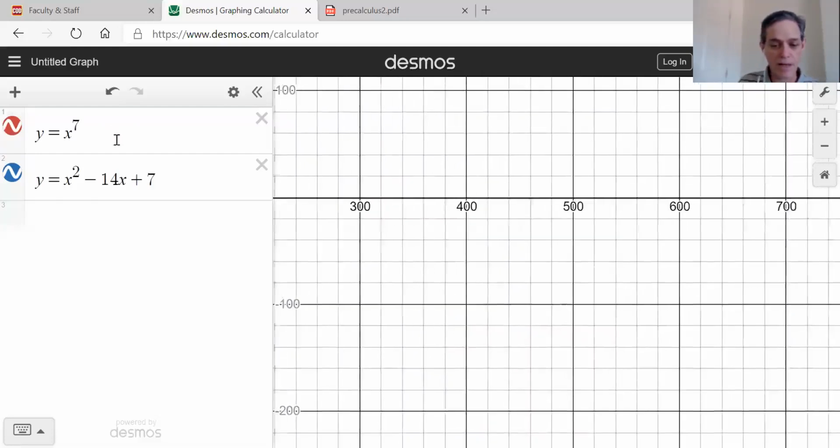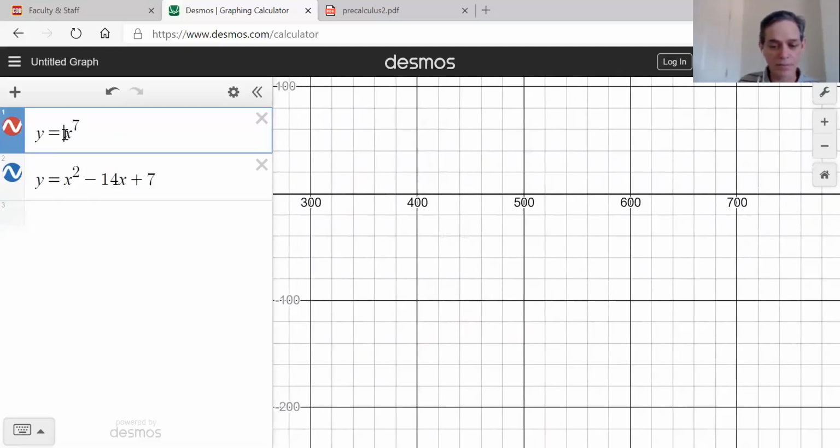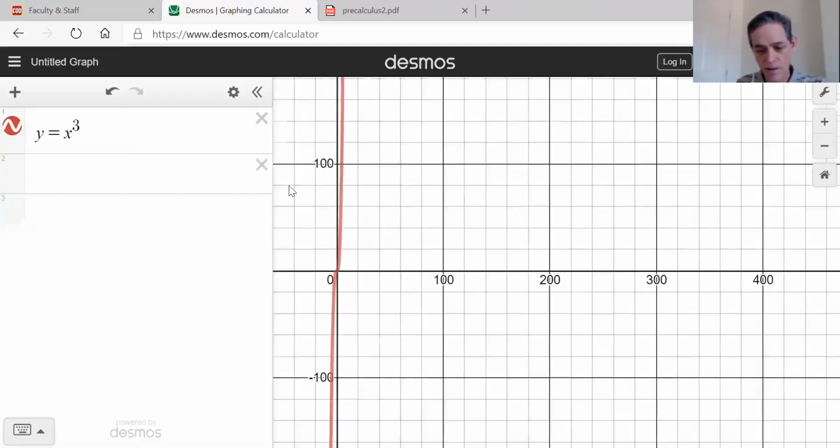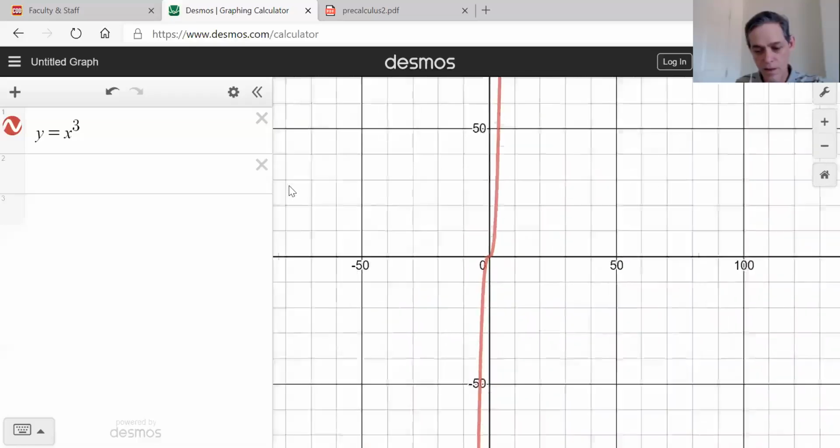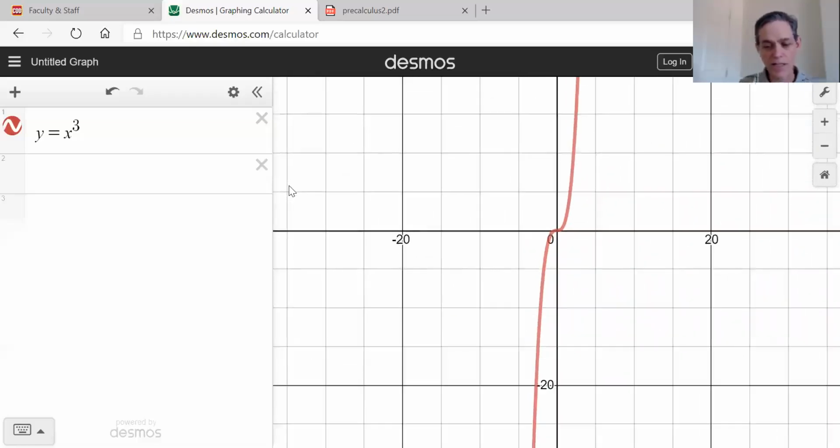Okay, let me make it a little smaller than that. Let's do just x cubed, actually. All right, so there's our graph of x cubed. Let's add to that something fancy looking.